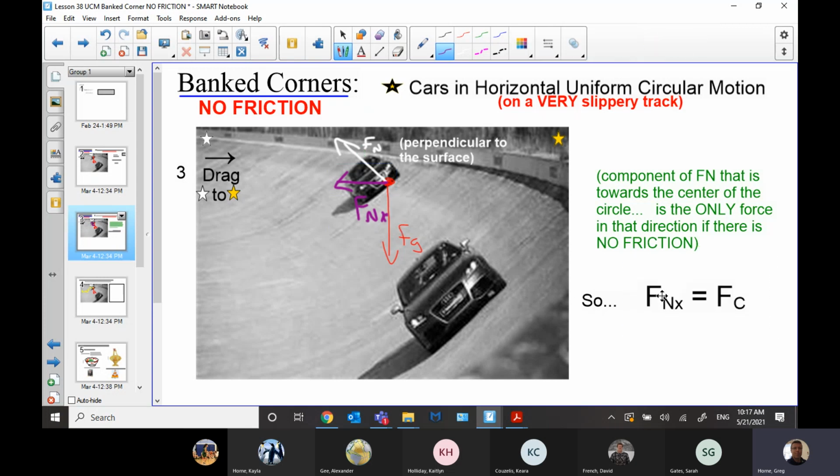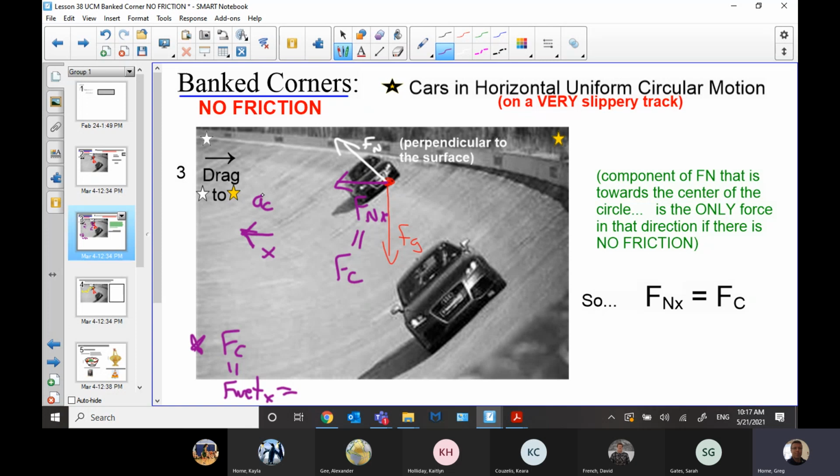So that must be your centripetal force, right? Because it's the only force that's towards the center. Basically, we know that Fc equals F net. And in this case, the net force in that direction, if we're calling this the X direction, because that's the direction of the acceleration, right?